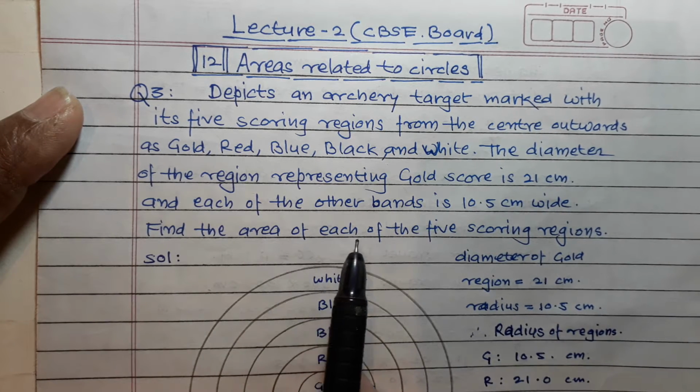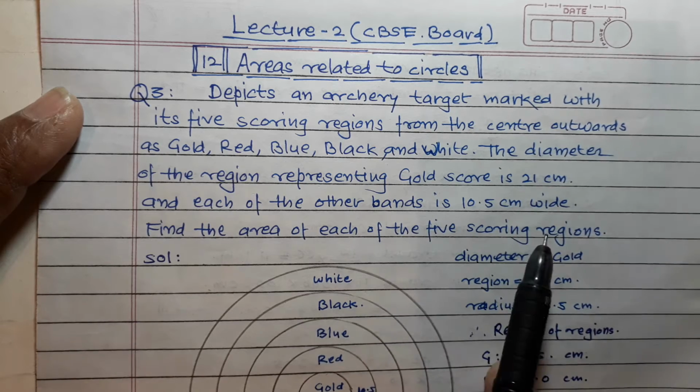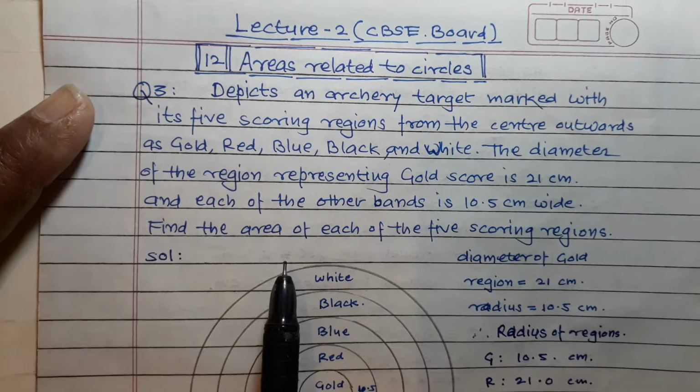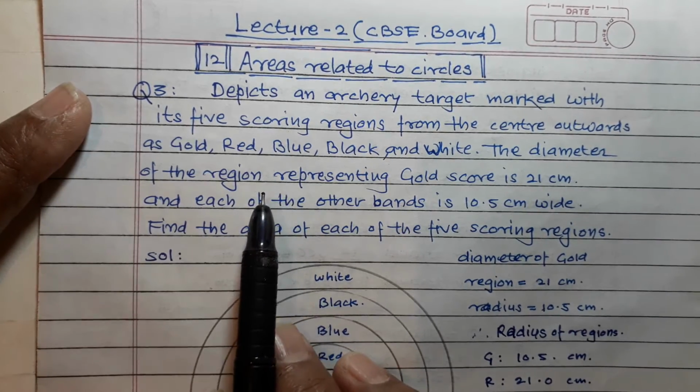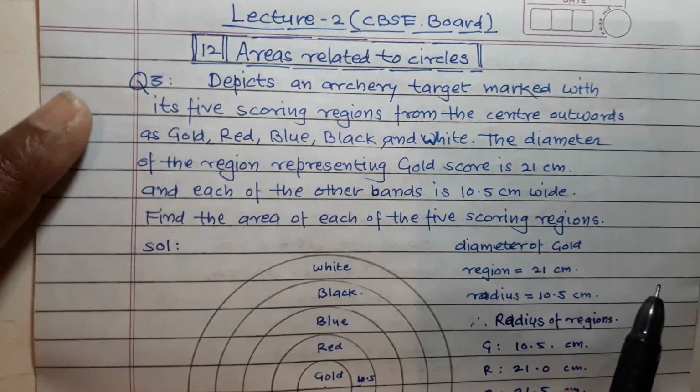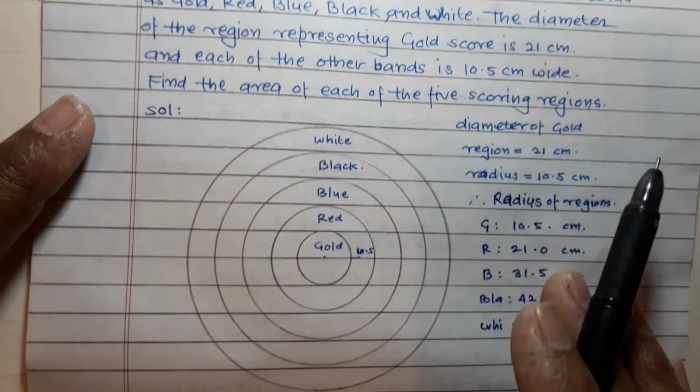Find the area of each of the 5 scoring regions. So this example is actually very easy, but it is slightly lengthy, so try to understand.